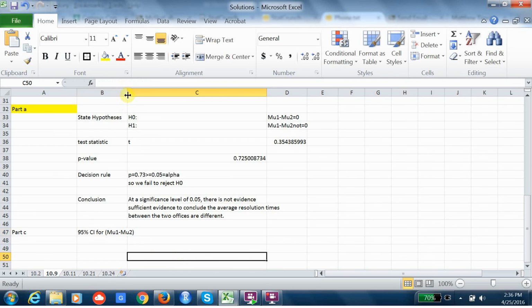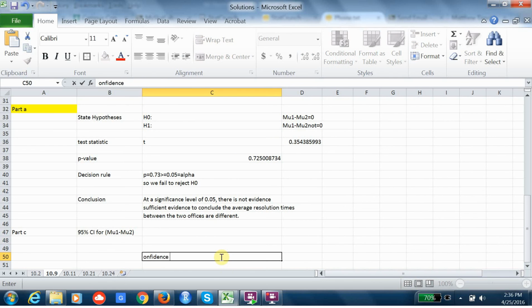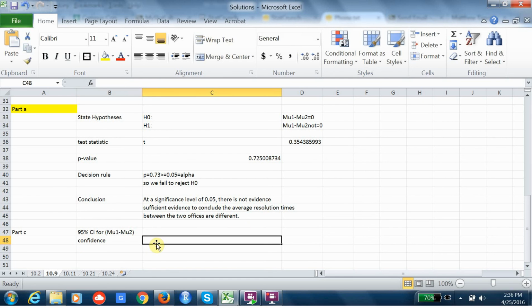Alright, so let's go ahead and compute our critical value first. We know that the confidence is 95%. So now we can compute the critical value from that, right?